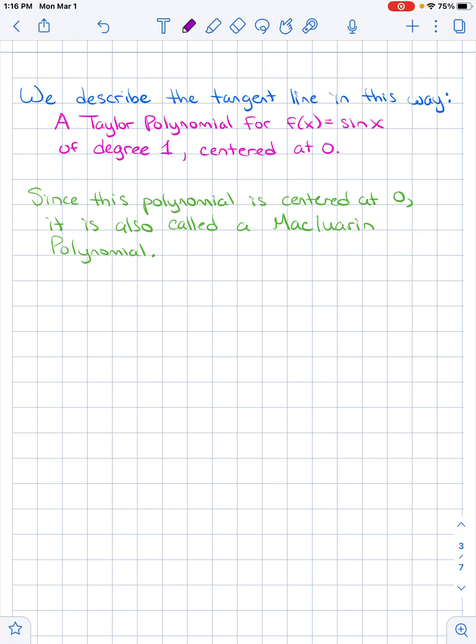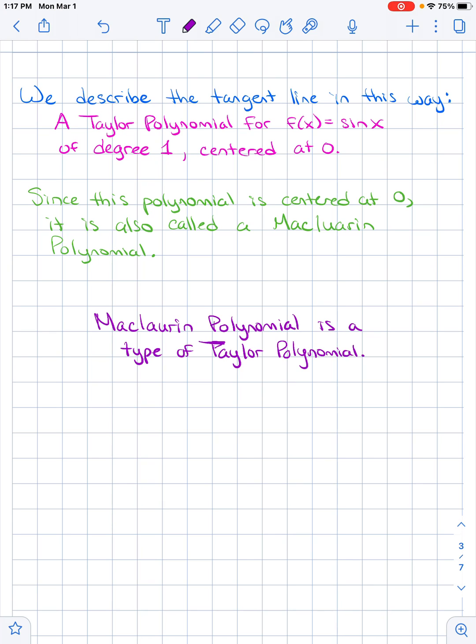Since the polynomial was centered at 0, we can also call it a Maclaurin polynomial. It's kind of like a square being a rectangle, but a rectangle is not a square. A Maclaurin polynomial is a type of Taylor polynomial. It is a subset of a Taylor polynomial because it is specifically centered at 0.